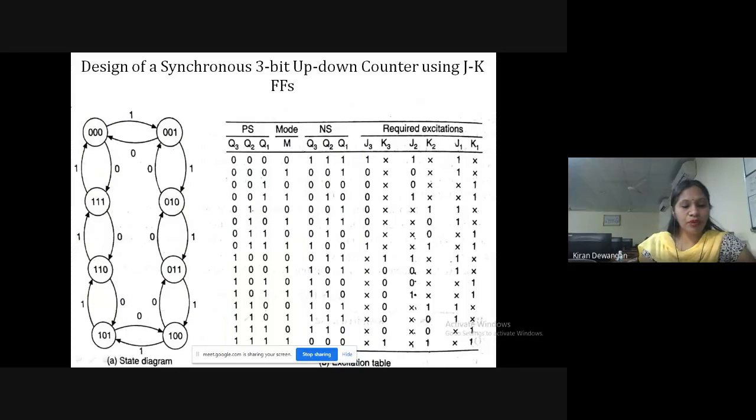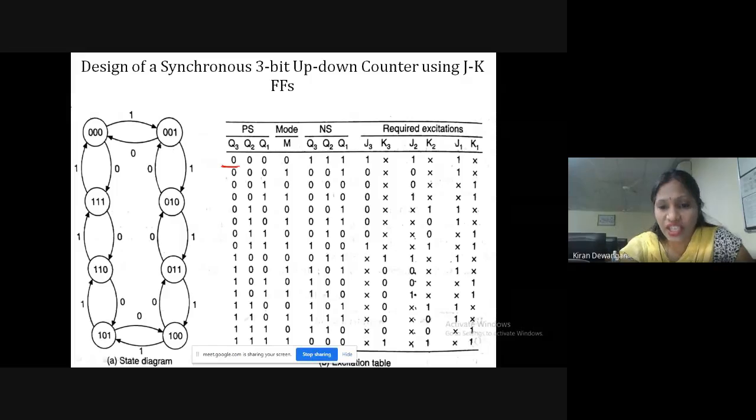Now this is important, as we have already seen. First we'll check with Q3. For Q3, a JK flip-flop will have 2 inputs, J3 and K3. For Q2, the present state and the next state will have 2 inputs, J2 and K2.